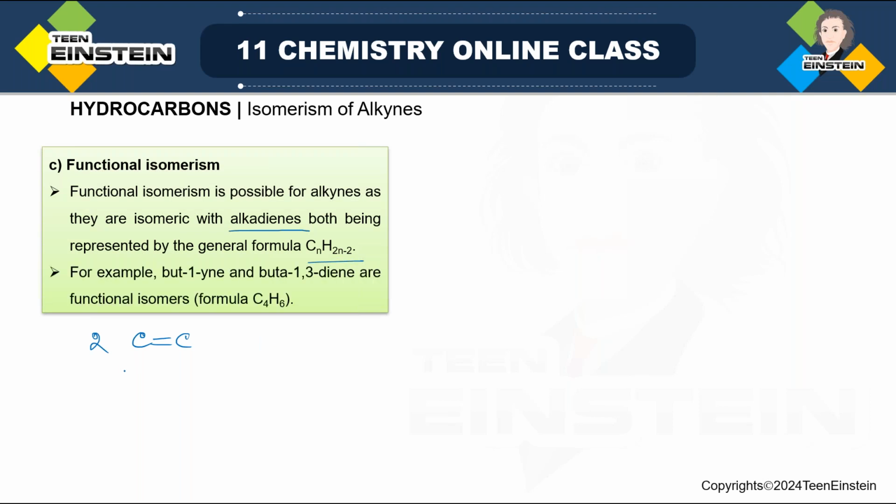So this is the reason. But-1-yne is CH2, this is but-1-yne, C4H6. It is the same formula as buta-1,3-diene.